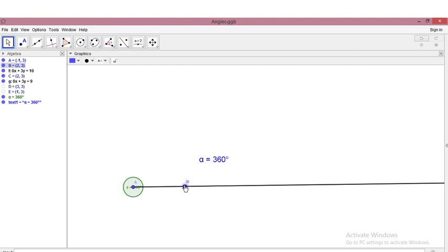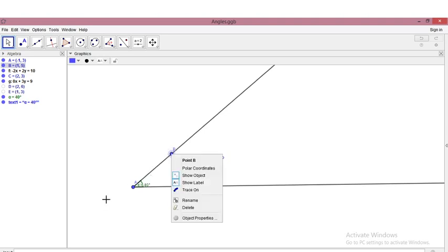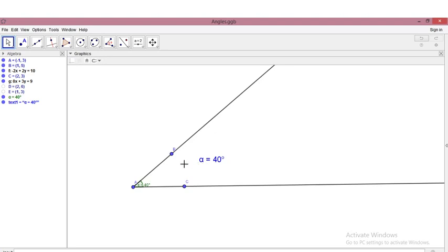If I want a measure, let it be 40 degrees. If I want the reflex angle of alpha, what should I do? I need an angle starting from here, going like this. That is the area which is not there for this sector.